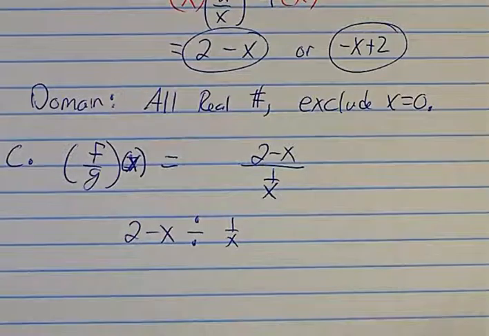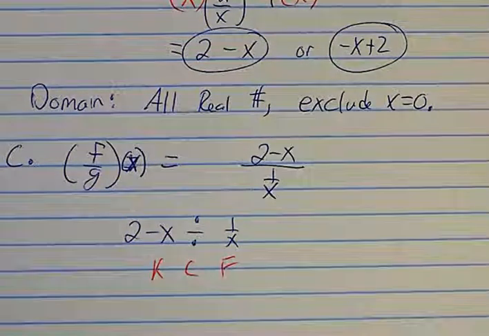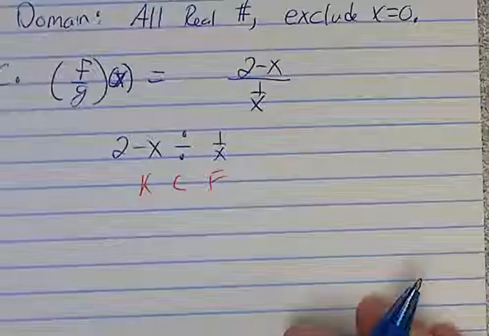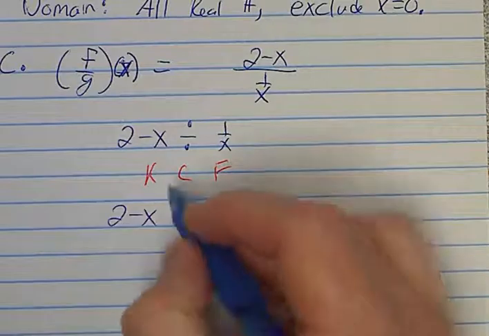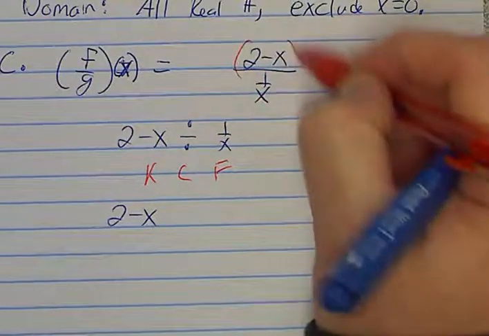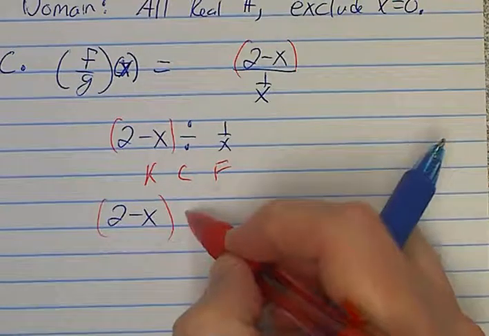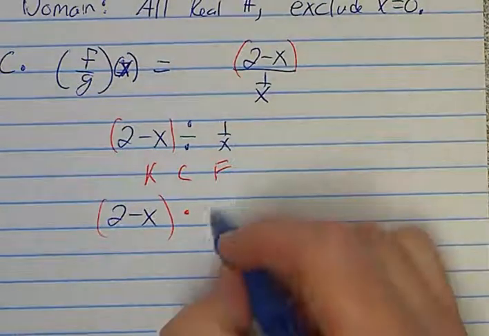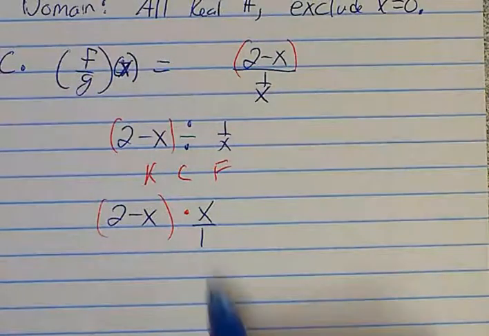And then we can go back to keep it, change it, and flip it. So that would make that 2 minus x, and again, we'll put that in parentheses because it is on the top here. Times, when we change the division to multiplication, we're going to flip this upside down and make it x over 1, which would really just be x.